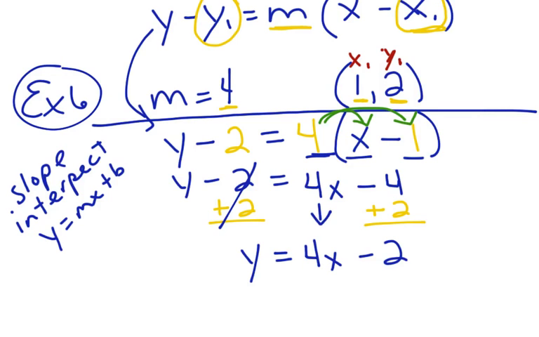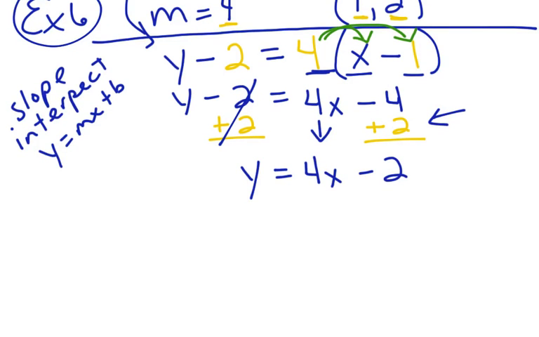Now, the reason that I only added the 2 to that 4 is because negative 4 or minus 4 and positive 2 are like terms. Here, we have a 4x. 4x and 2 are not like terms, so you can't do that.